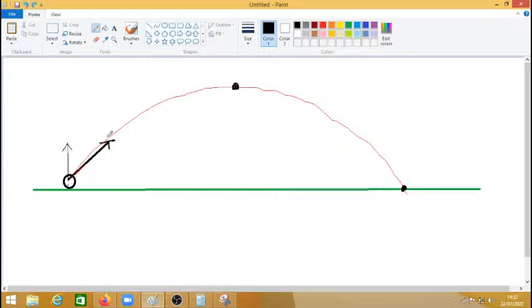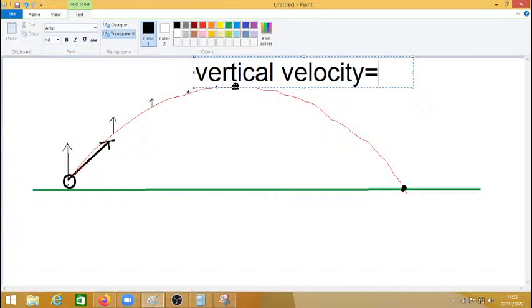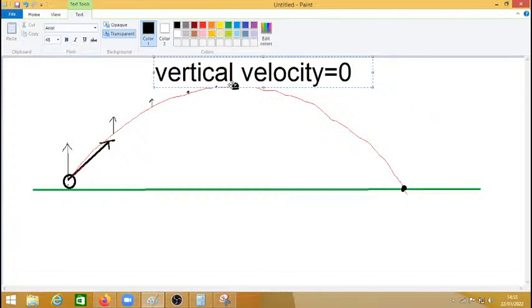So slowly, as that ball carries on its path, the velocity component upwards gets smaller and smaller as gravity takes its effect. So right in the middle, when it reaches the greatest height, the vertical component of velocity is zero. So the vertical velocity is equal to zero. It's not going up anymore. So that's zero.